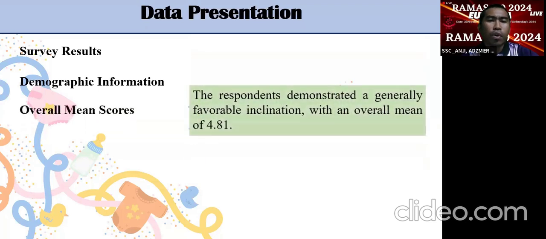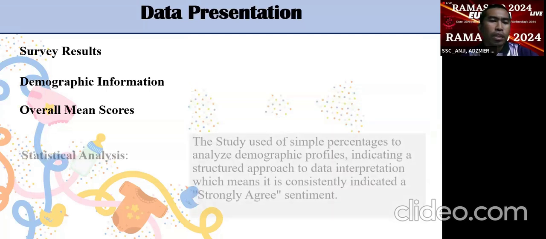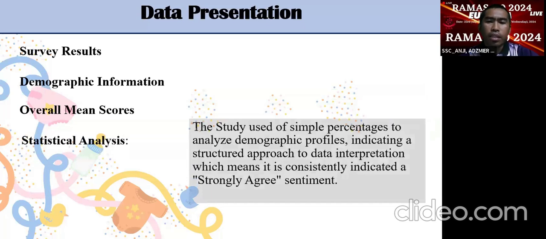Next is the overall mean score, where the respondents demonstrated a generally favorable inclination with an overall mean of 4.81. Next is the statistical analysis. The study used simple percentage to analyze the demographic profiles, indicating a structured approach to data interpretation, which means it consistently indicated a strongly agree sentiment.